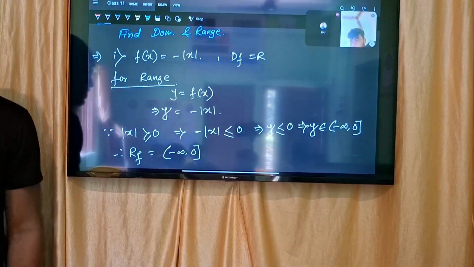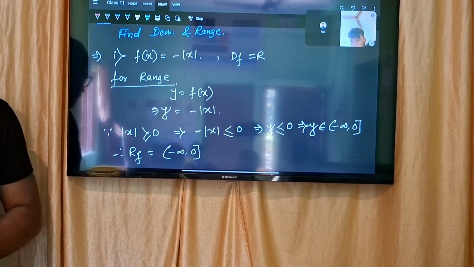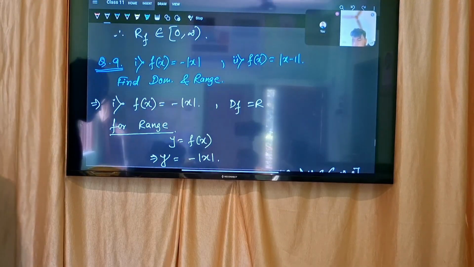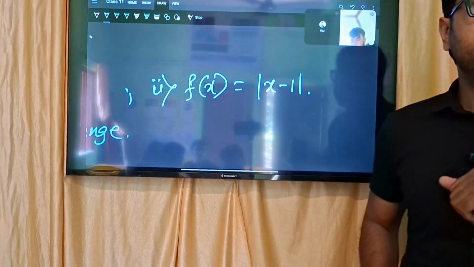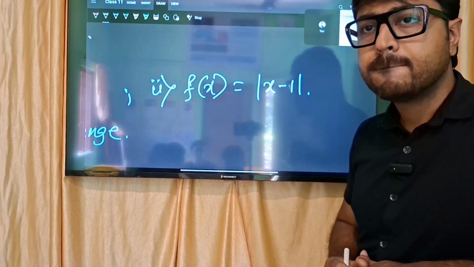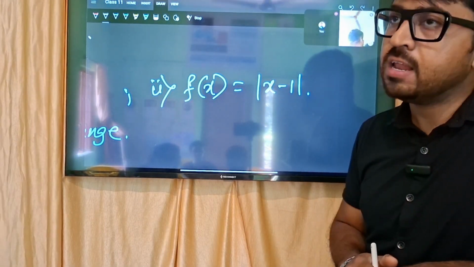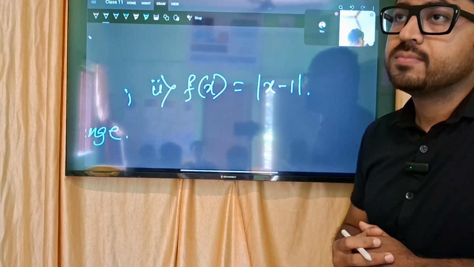Clear? বোঝা গেল? So accordingly, can you tell this one, number 2? f(x) equal to mod x minus 1. Domain will be? Domain will be R, real number. Range?